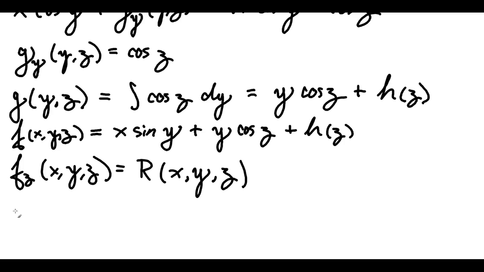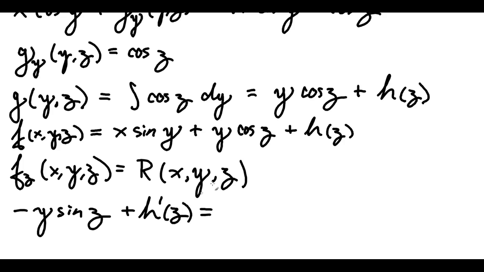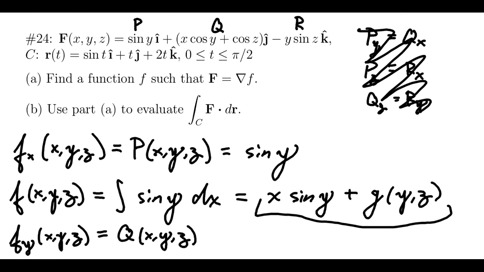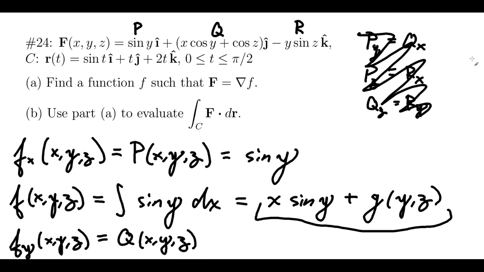Y cosine z becomes negative y sine z. Not finished yet. We also need to differentiate h of z with respect to z, so that is h prime of z. And this needs to equal r, the third component of our field, and that was negative y sine z.